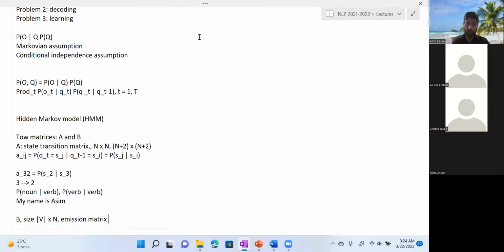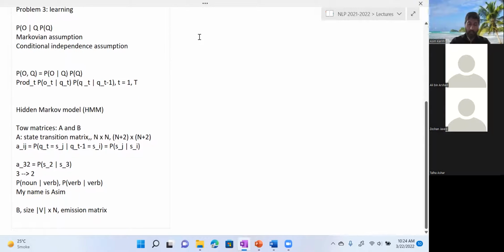So one column in this matrix is for a particular label, and it covers all the words in that vocabulary. A particular element in this matrix is given by B, and this notation is used in books, so I've tried to use it consistently so that there is less confusion.